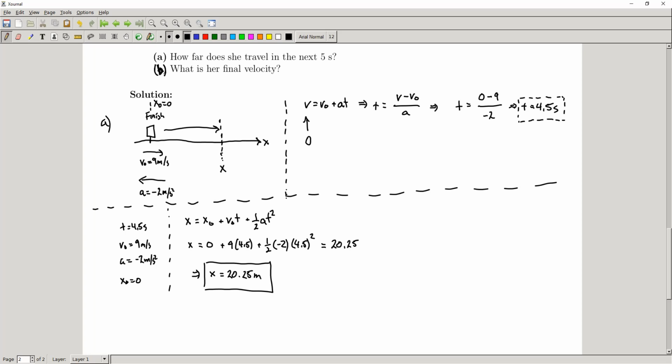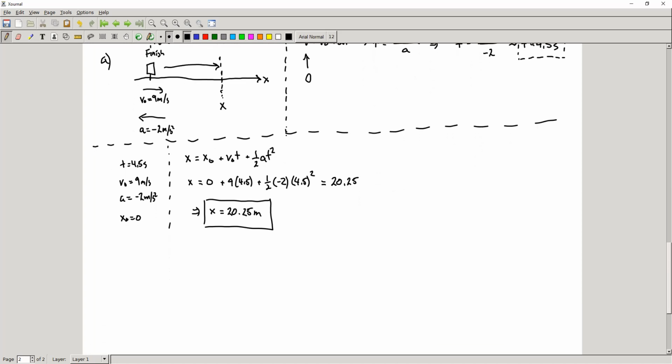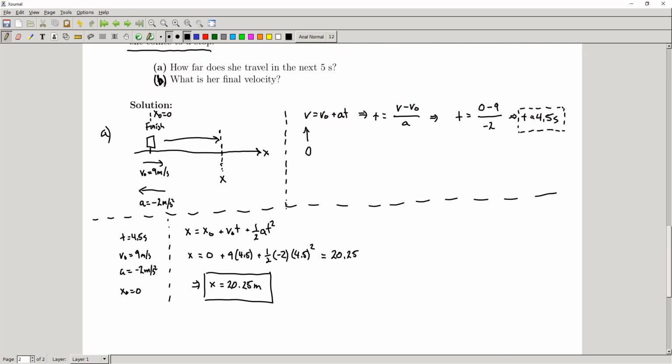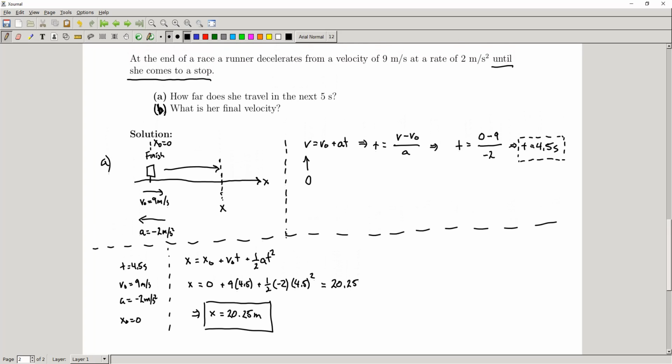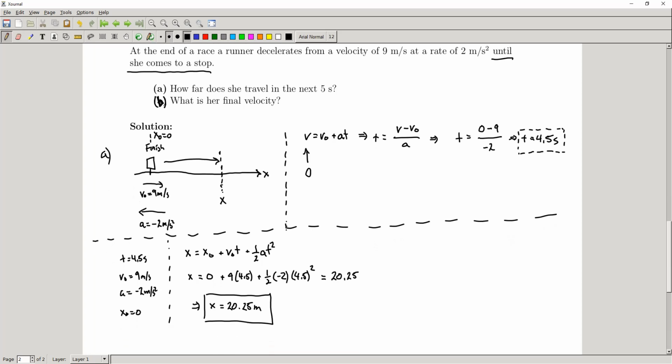Okay, and part B is actually very easy to answer. What's her final velocity? It's kind of a setup a little bit, because if we hadn't been careful and we had applied this negative acceleration for 5 seconds, as this part A is kind of hinting that we might want to do, then we would find that she would have a negative velocity afterward, right?